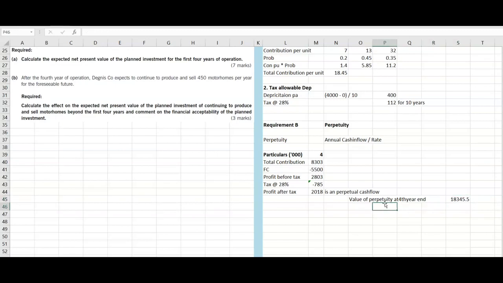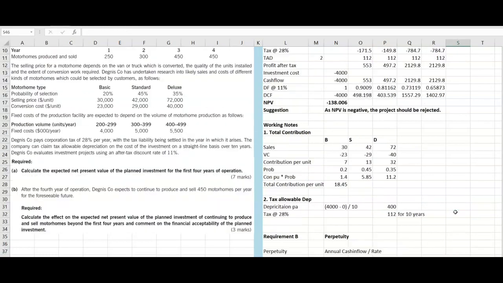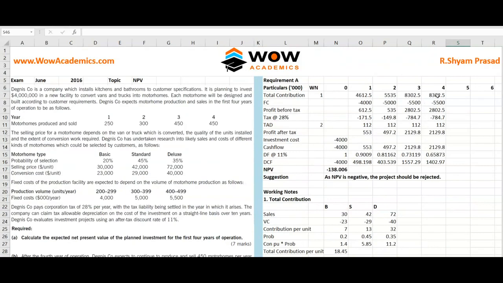We are not concerned about what is the value in the fourth year end, but what is the value of the perpetuity today. Okay, so we don't need the other numbers. So how do you compute the value of perpetuity today? It's computed based upon today's value. The discount factor for the fourth year is 0.658.